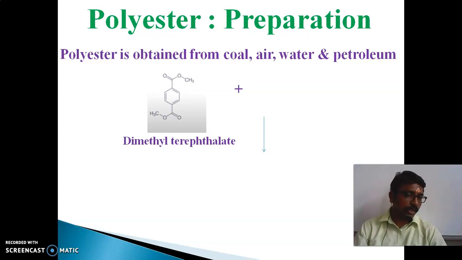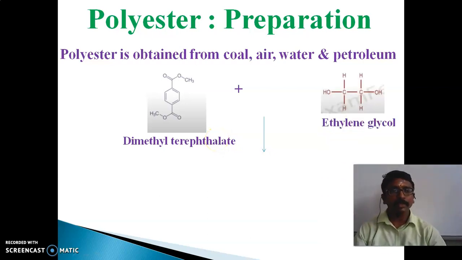When we remove one hydrogen, what is that formula, children? CH3. So di indicates it's having 2 methyl, so we can write it as CH3 on both sides. So dimethyl terephthalate. With dimethyl terephthalate, we need another compound also, that is ethylene glycol.